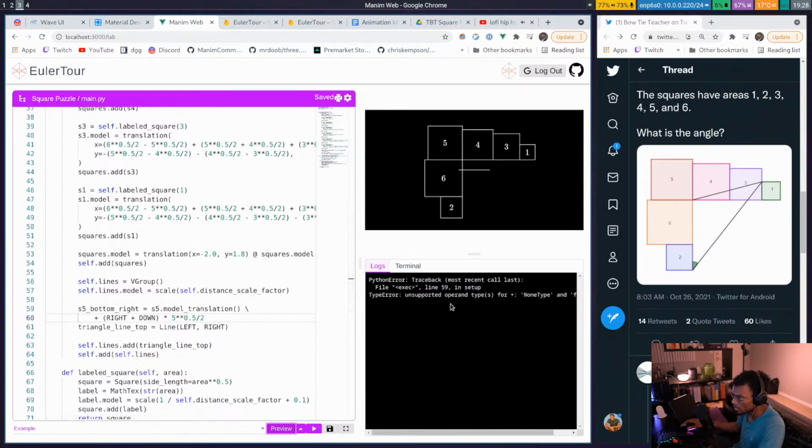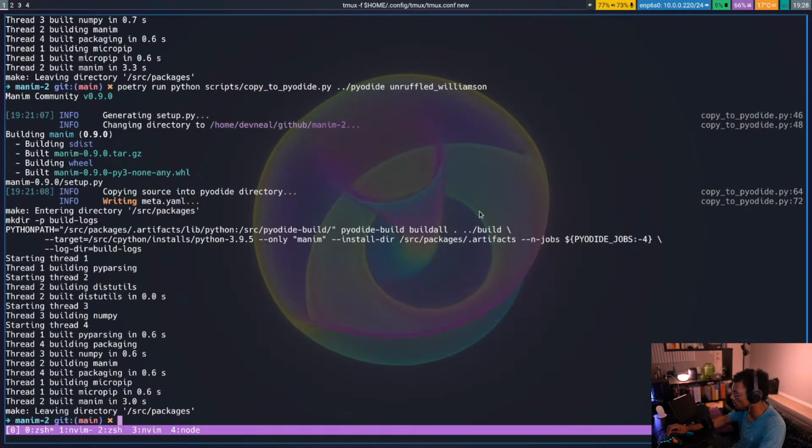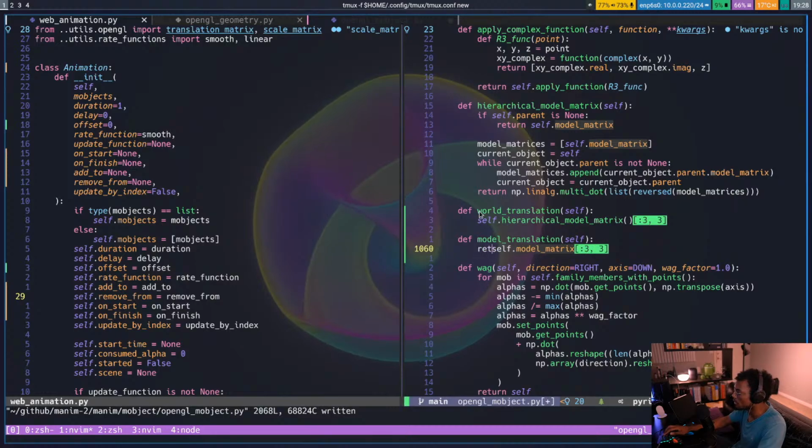And what did I do? None type and float? Oh, I must have written this function wrong, like, didn't return. I actually did the same thing here.